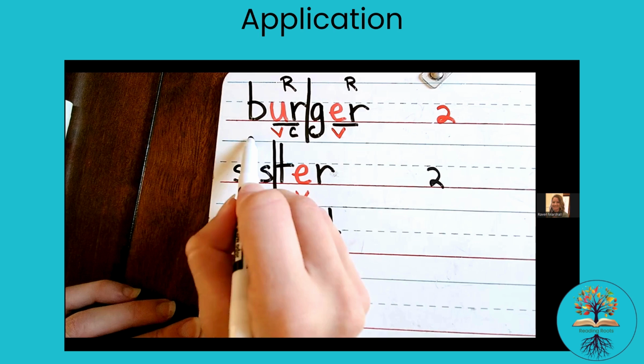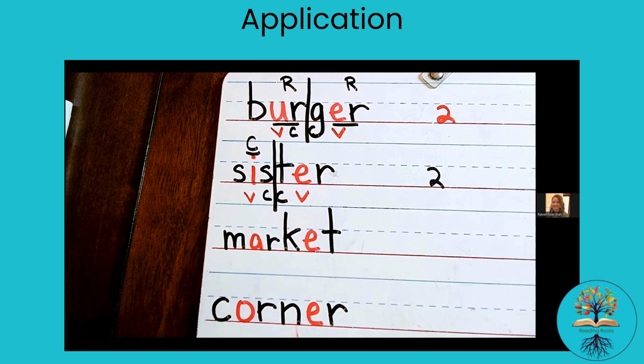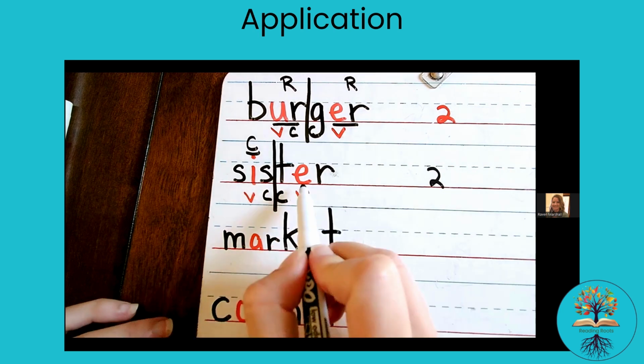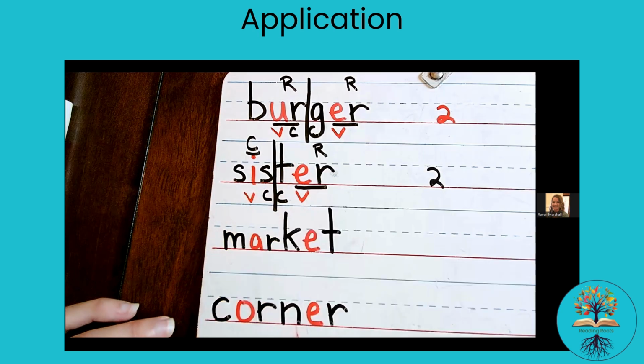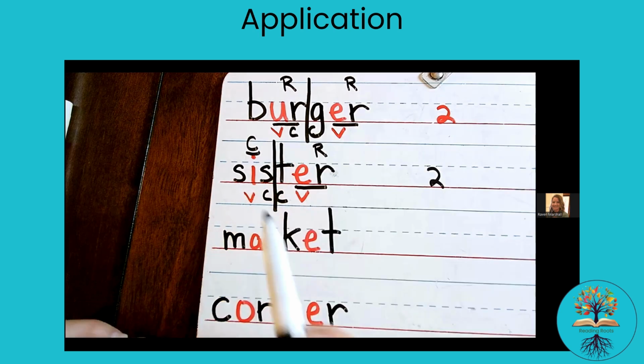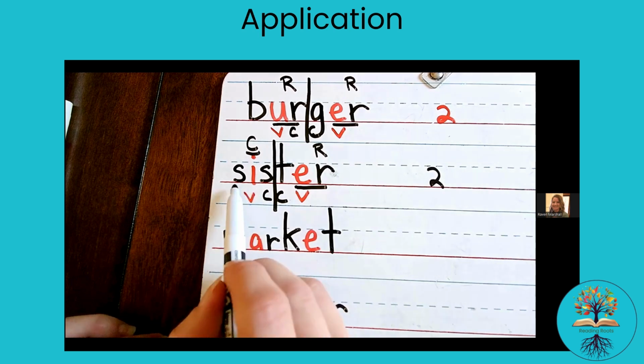So I'm going to put a C right here and mark it with a short sound breve. It's closed because that vowel is squished in the middle and makes just a little sound. The second syllable is an R-controlled syllable. So let's blend each syllable and make a new word.